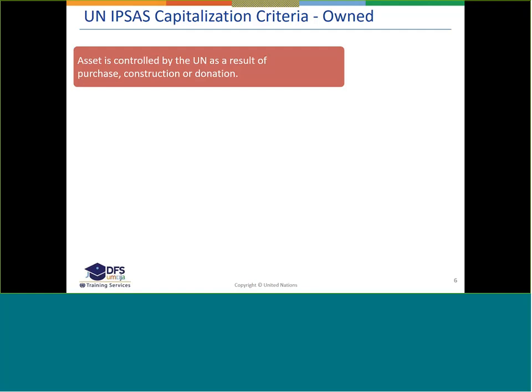It should be in SAP as an asset master record. So the criterion is control. If the UN is controlling the asset, then it's meeting the criteria. It's not a criterion of ownership. As long as the asset is controlled by the UN, we are meeting this capitalization criterion, and we have to check the following ones.